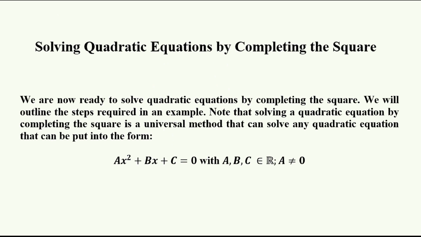Okay, now we're ready to go ahead and proceed with solving quadratic equations by completing the square. And basically, it's important to understand this method is extremely powerful, what we're about to explore. It is a universal method in the sense that it won't just solve some special kinds of quadratic equations, such as the ones that can quickly be solved using the square root property, or the ones where we can get all the variable terms together with the constant on one side, 0 on the other side, and then proceed with factoring and using the zero factor property.